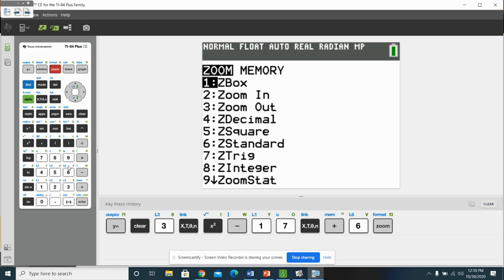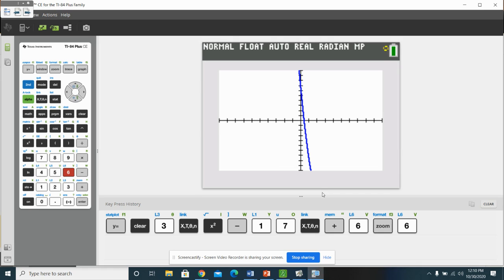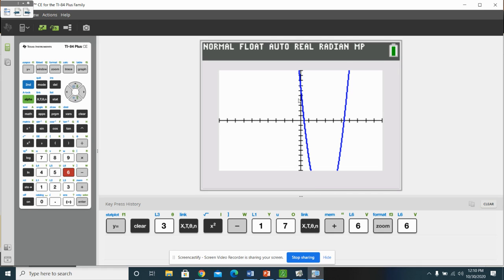I'm going to go to Zoom 6, my standard zoom, and it's not all in the picture, okay? I do see that 6 is my y-intercept, which I knew, so I kind of feel good about that. And if you look here, did I type the equation right?